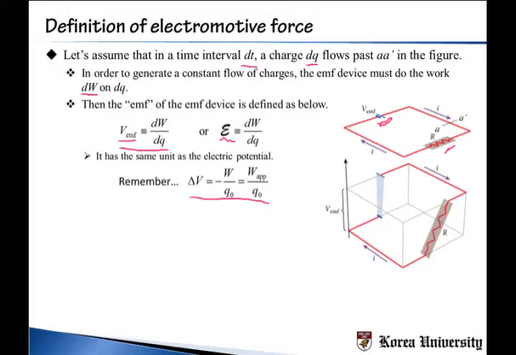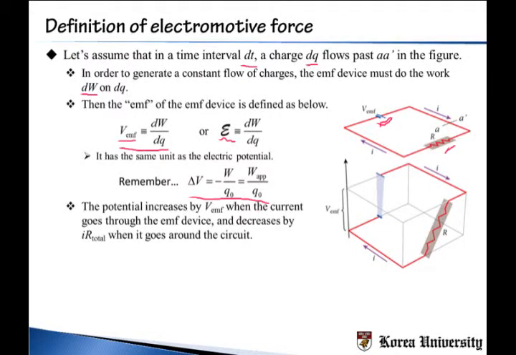And okay, and then the important thing you have to know is that when current is flowing through this EMF device, the potential will actually increase, okay, by this much, which is V_EMF.